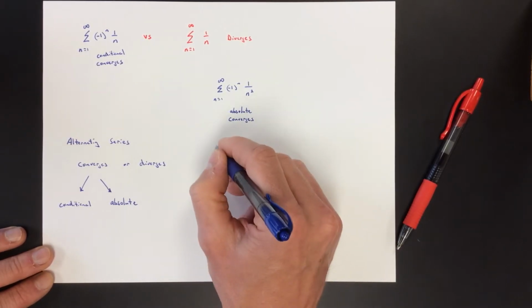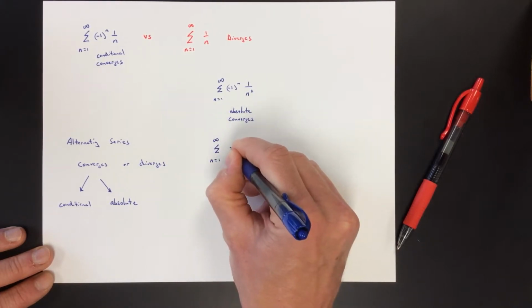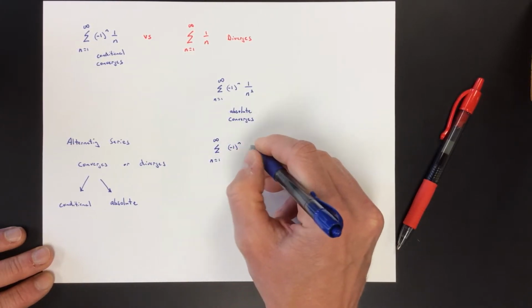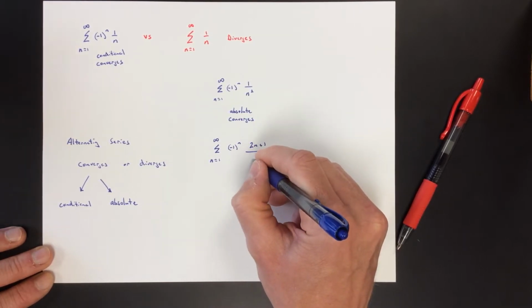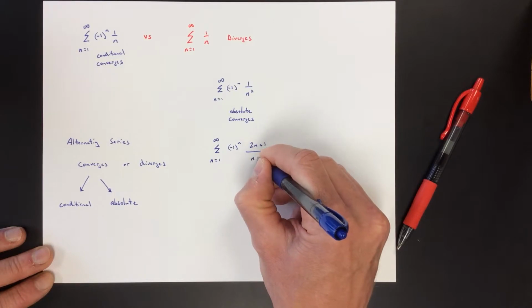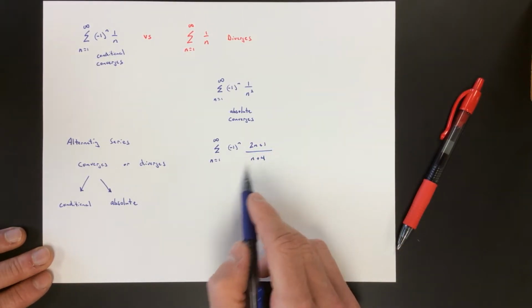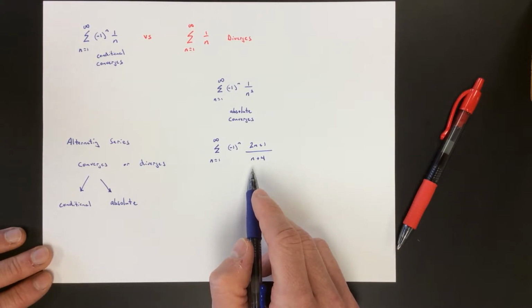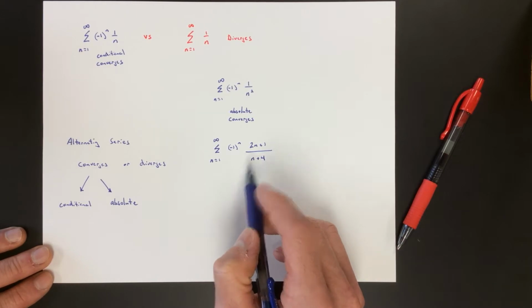Okay, how about the sum from n equals 1 to infinity of alternating (2n plus 1) over (n plus 4)? Is it alternating? Yes. Do the terms go down in absolute value? Not even sure, but here's what I know for sure. This doesn't have a limit of 0.